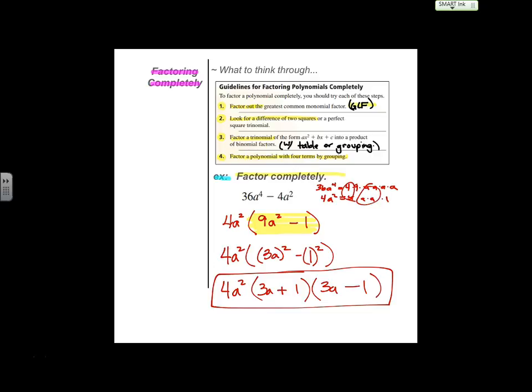This one says what if a trinomial. And this one says what if 4 terms. So different cases, different possibilities. And then depending on what you have, maybe difference of 2 squares, maybe trinomial, maybe grouping. Does that make sense? Yeah, it depends.